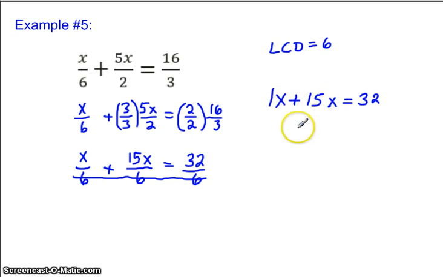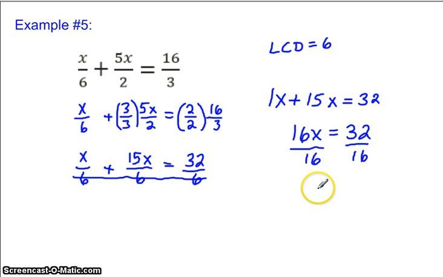One x plus 15x is 16x. And this one's easy to solve. Divide by 16, and I get x is equal to 2. And that's it. Busted the fraction. We'll do some more practice with this in class.